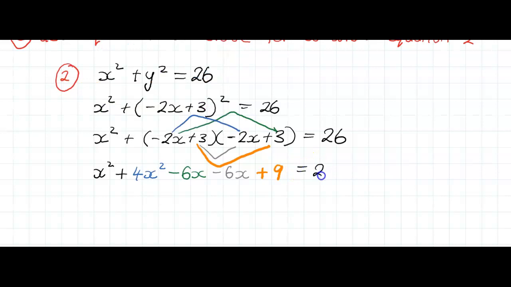And that equals 26. If we tidy that up, 1x squared plus 4x squared is 5x squared. Minus 6x minus 6x is minus 12x. Plus 9 is equal to 26. We want to get rid of that 26 to have it equal to 0, so we take it off both sides.